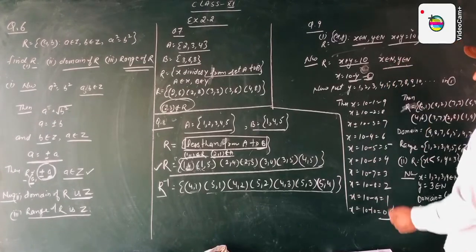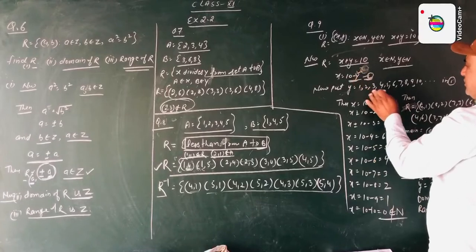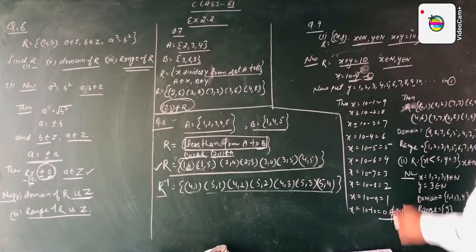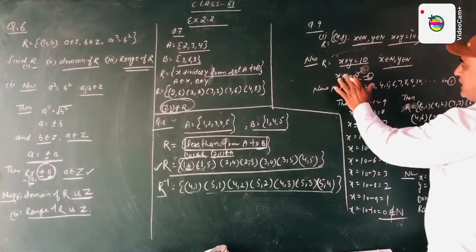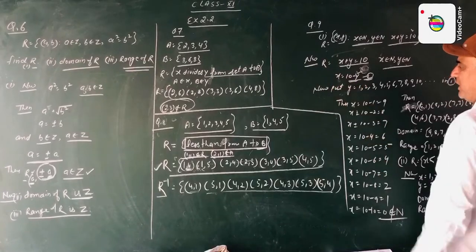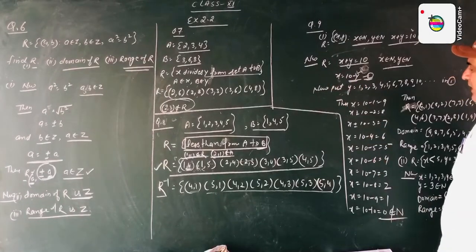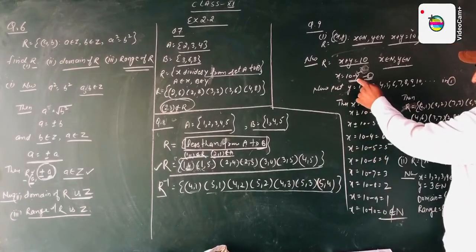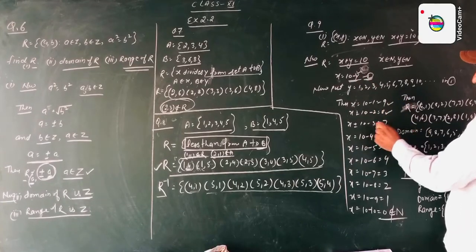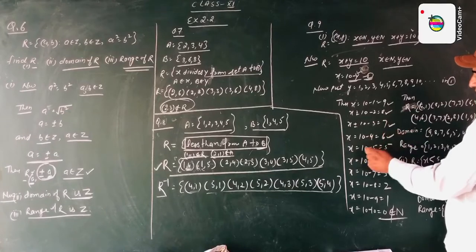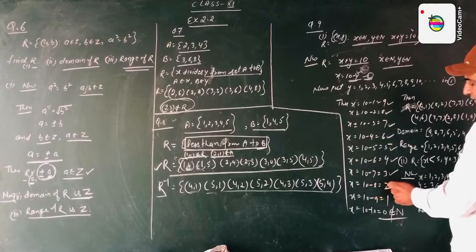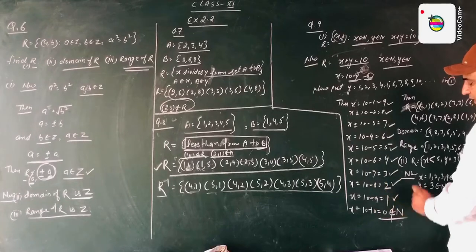Here we put the values of y as 1, 2, 3, 4, 5, 6, 7, 8, 9, 10, up to natural numbers. Then we find x is also a natural number. If we put y equal to 1, we get 9; put 2, then 8; 3, 7; 4, 6; 5, 5; 6, 4; 7, 3; 8, 2 and 9, 1.